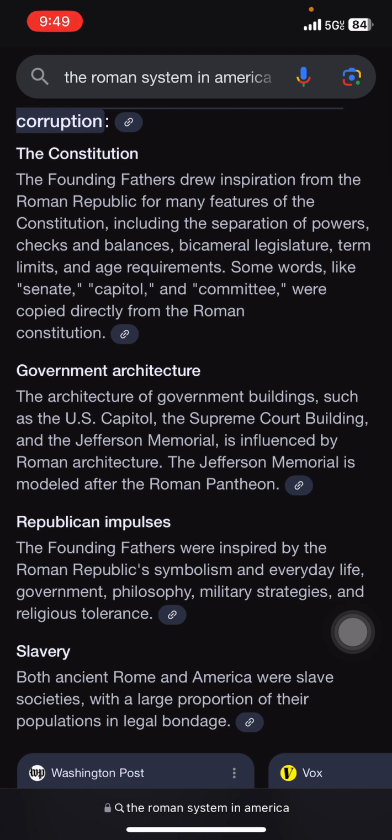The founding fathers drew inspiration from the Roman Republic for many features of the Constitution, including the separation of powers, checks and balances, bicameral legislature, term limits, and age requirements. Some words like Senate, Capitol, and committee were copied directly from the Roman Constitution.